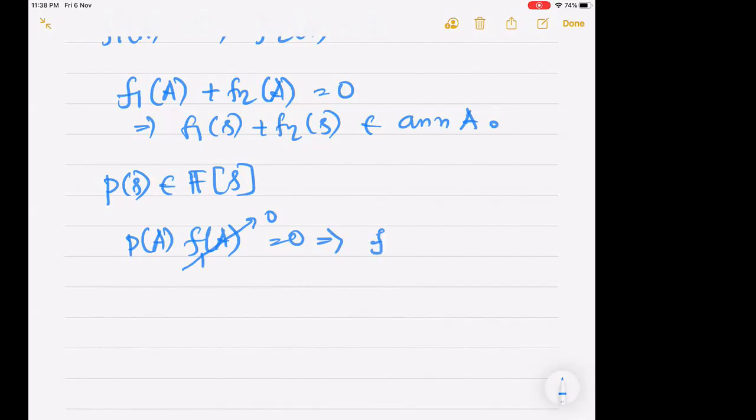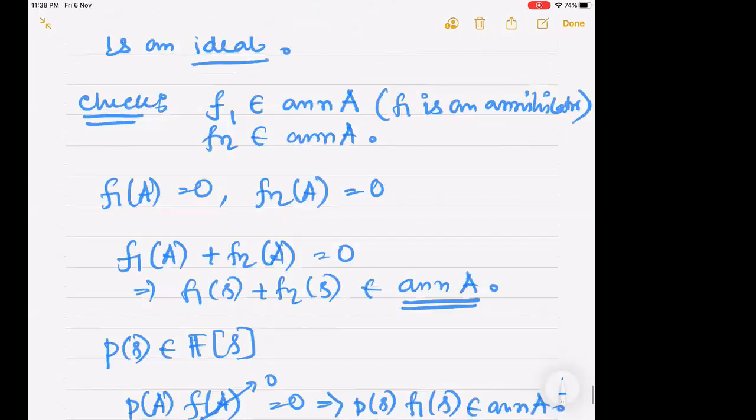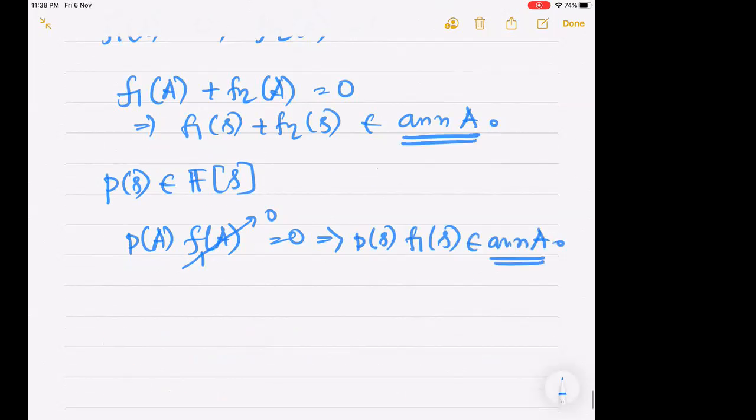Which means p(s) times f1(s) is also an annihilator. So the set of annihilators is closed under addition of elements from the set and closed under multiplication of elements from the set by anything from the ring. So it's an ideal. The annihilator is an ideal, the annihilating ideal.